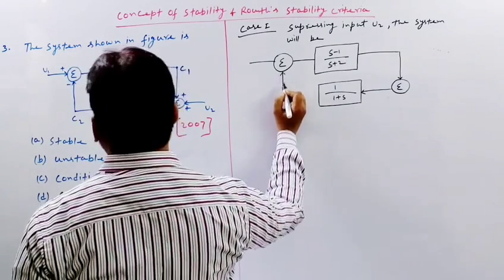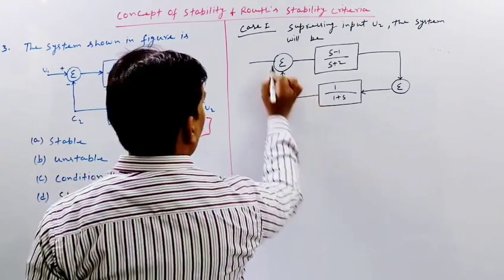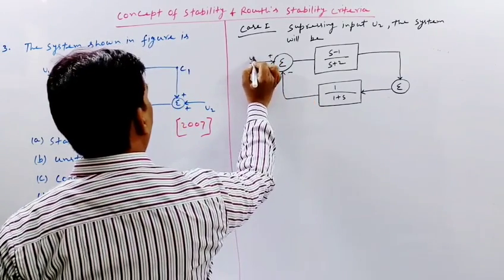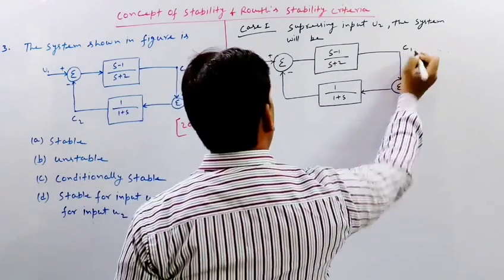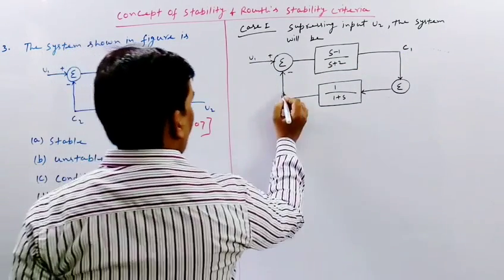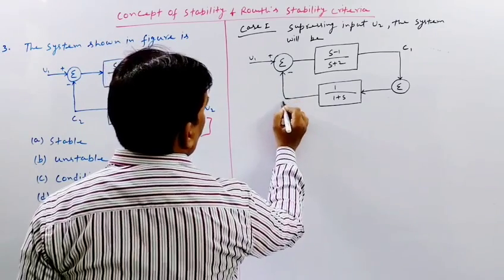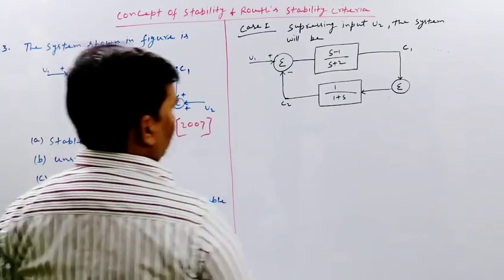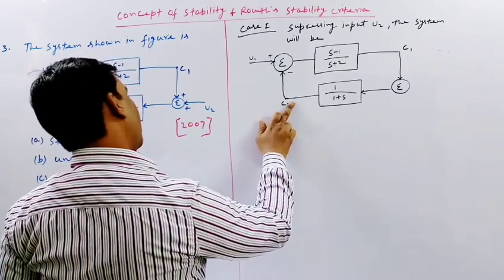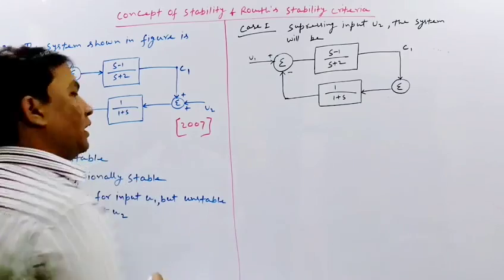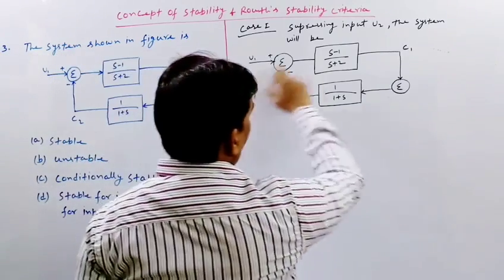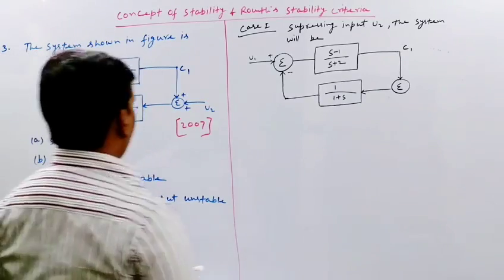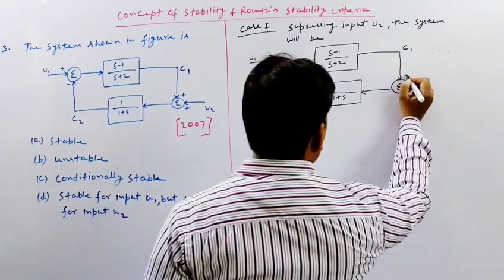This will be plus and this will be minus, and here it will be U1 and C1. This point is C2. It is not required to show this point C2 because we are taking the input as U1 and output as C1.